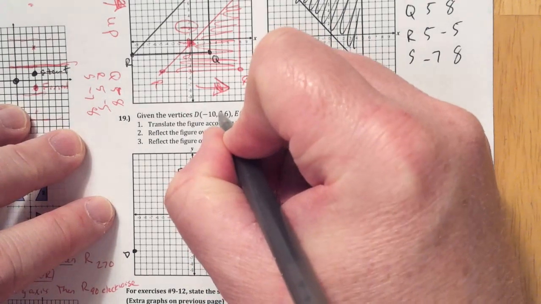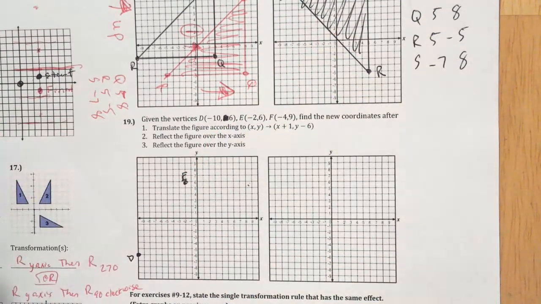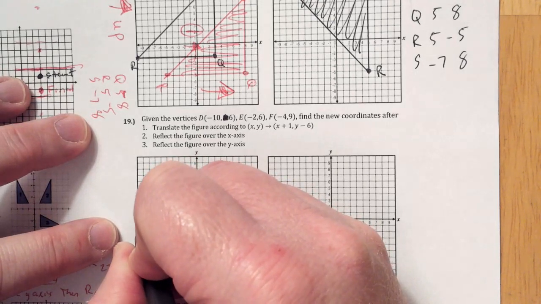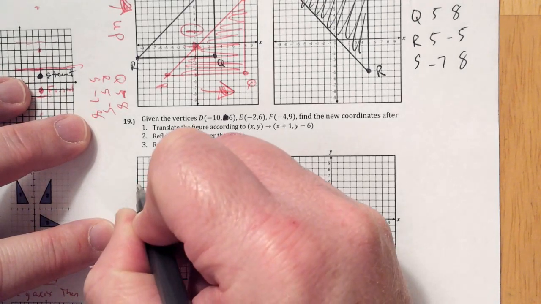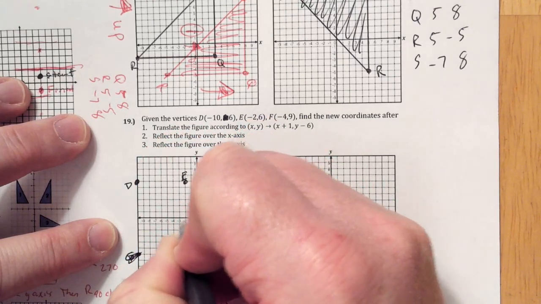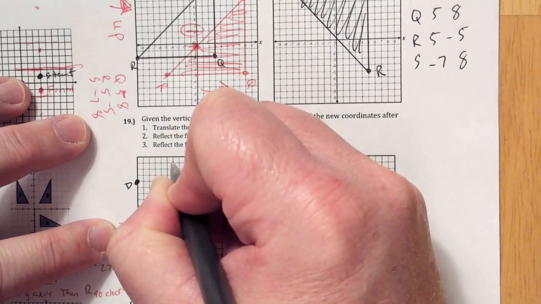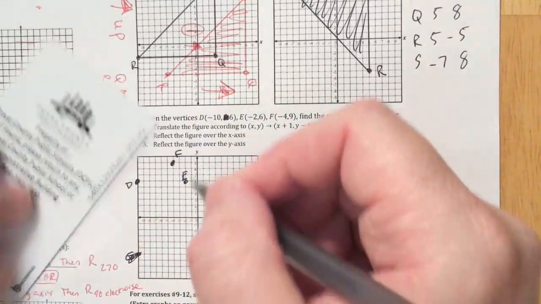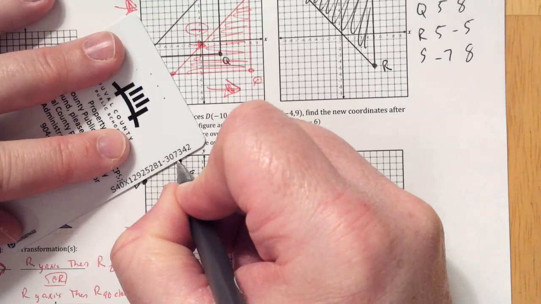Okay, so sorry, that's going to be a +6. I will make sure that that is fixed for later on your paper. So that is -10, +6. That's going to be D, and that will be -4, +9. That will be F. All right, so on your paper, that's what it's going to look like right there.